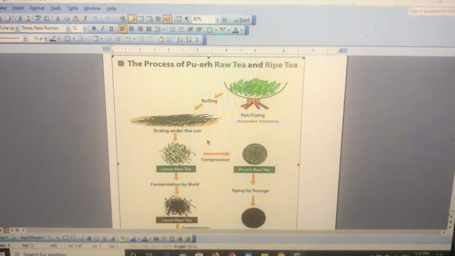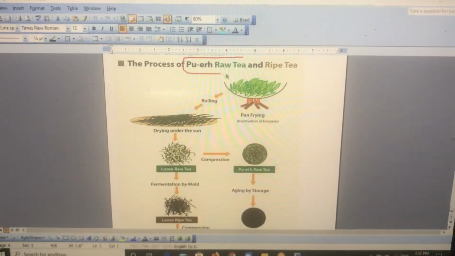For example, here now you can see types of teas, right? One is this tea, the first tea that I'm going to circle here, on the top. Look here now, raw tea. This is actually a French word, and this first type of tea is called raw tea, right? And the second type is called ripe tea, right?